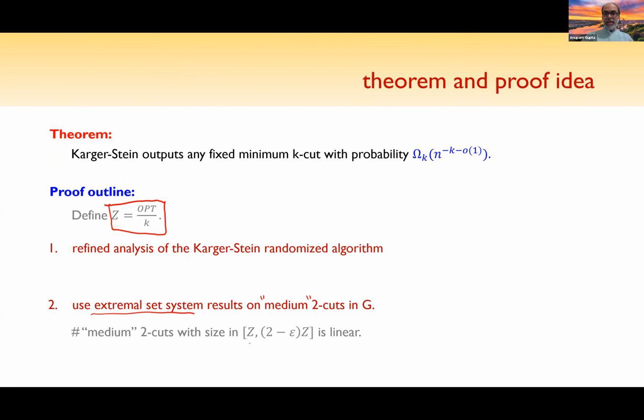The medium 2-cuts are those whose values lie between z and give or take 2z. Okay. I'll show you that the number of such medium cuts is linear. And then I'll show you that if I have only a linear number of medium cuts, then Karger-Stein behaves better.